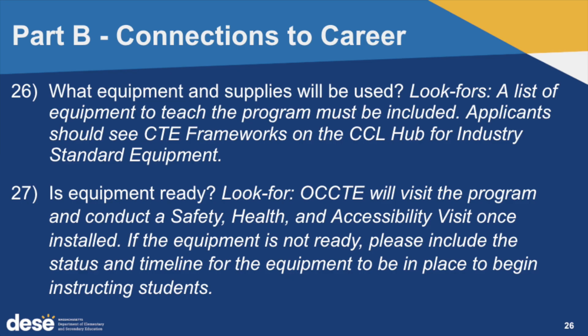Also consider emergency procedures, including the presence and accessibility of equipment like extinguishers and e-stop buttons, and personal protective equipment access and use. Remember that as part of the designation process, CCTE will conduct a safety, health, and accessibility visit of your site when it is ready. If your equipment is not yet ready, your response should include the current status and timeline for equipment to be ready for use.